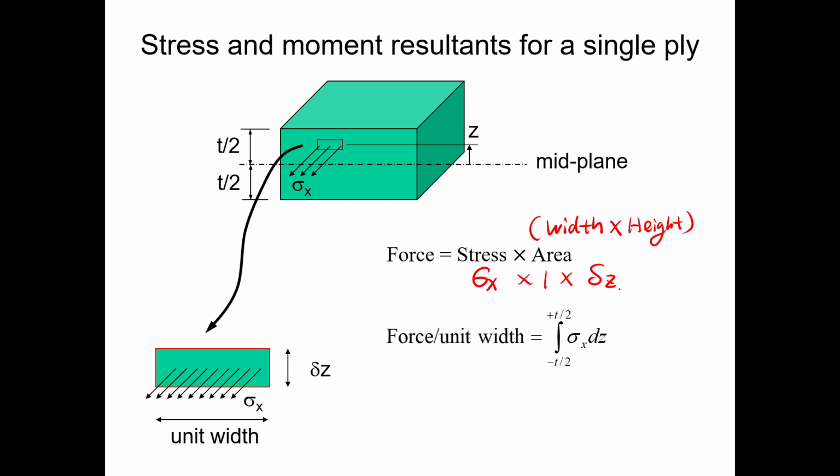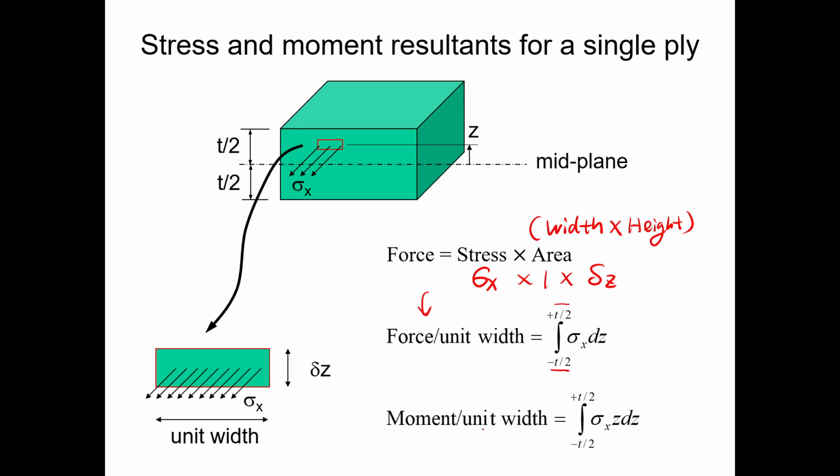Okay, we can write that in the integration form such that over the whole volume here, you can go through an integration from negative half t to positive half t, which essentially is the bound here, and times the sigma x and dz. Okay, that's essentially the force per unit width.